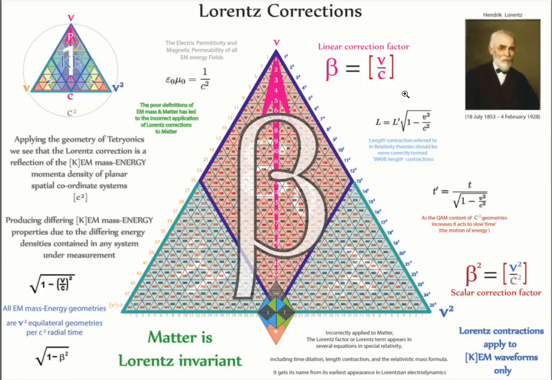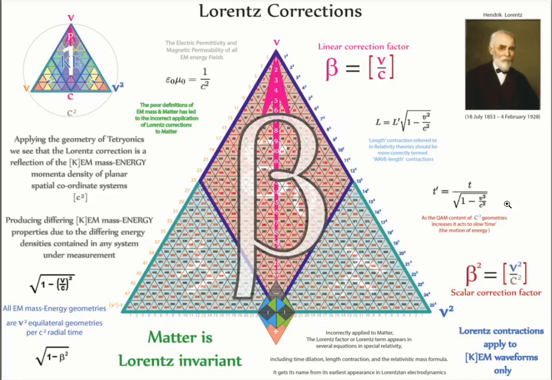This is what's being described with Lorentz corrections. The Lorentz corrections apply to the chem field energy momenta, not to the mass energy momenta of standing wave geometries. They are Lorentz invariant, as I've expressed here. And again, instead of length contraction, they're best termed wavelength contractions, because they refer to mass energies in 2D chem waves. So they're a wavelength contraction, much more appropriate.